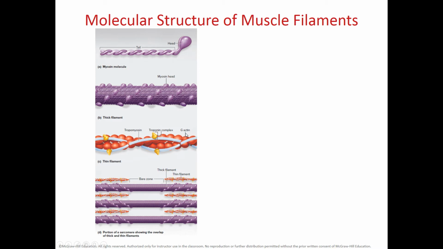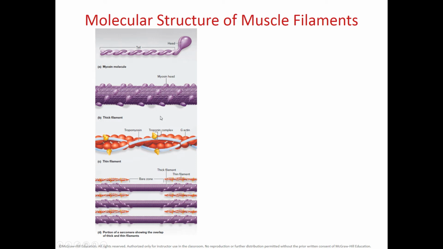And then these sites are first occluded or obstructed by tropomyosin. And tropomyosin forms a complex with troponin. This protein, troponin, helps to bind calcium so that tropomyosin moves away from G-actin, and G-actin can bind to myosin.